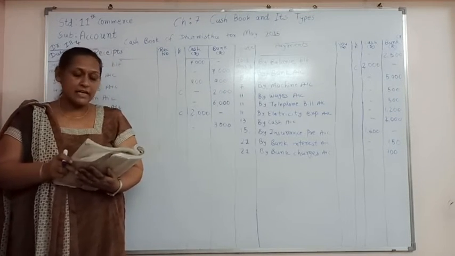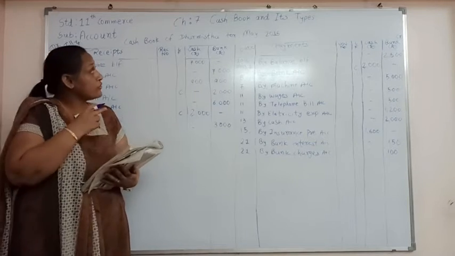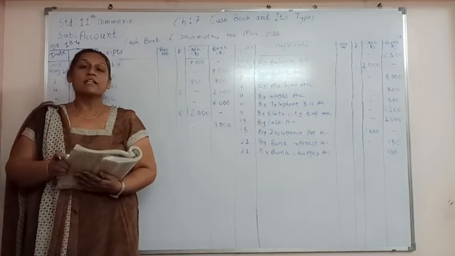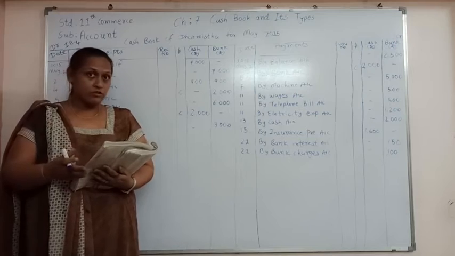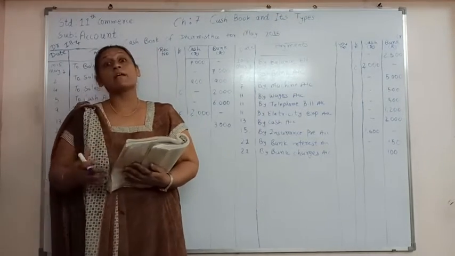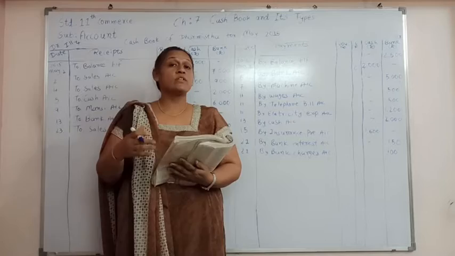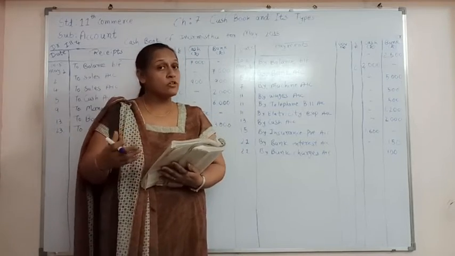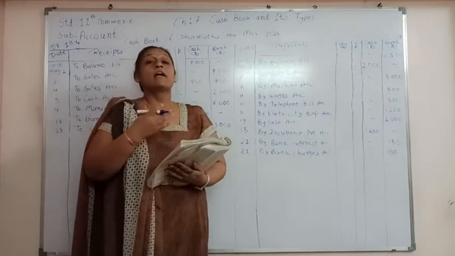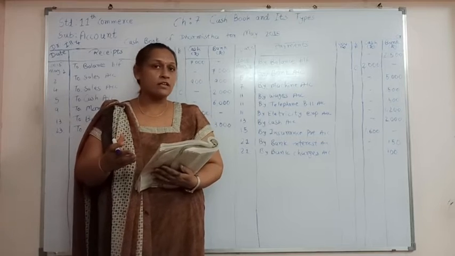Now after 23, on 24, check of rupees 3000 received from Tejal, which is endorsed to Sejal. So this is a transaction that is not going to be recorded in the cash book, as it is an endorsement. If the endorsement is on the same day, we don't have to write it in the cash book; we have to write it in the journal proper.